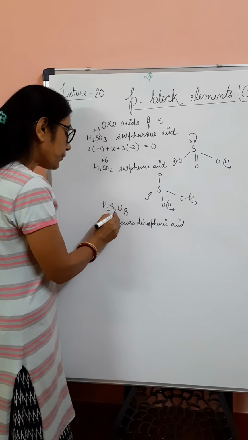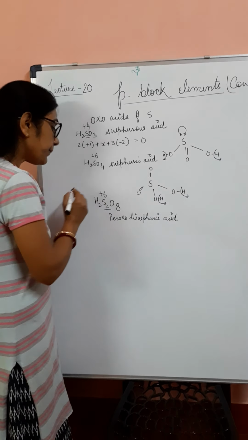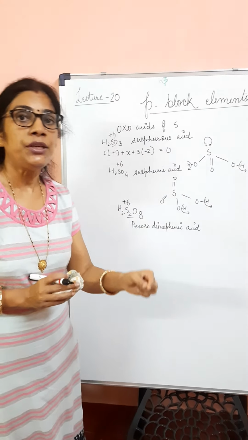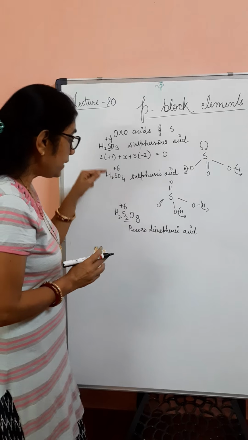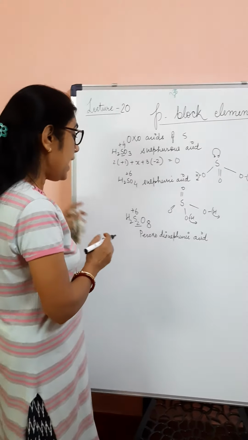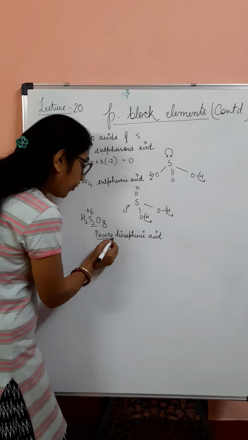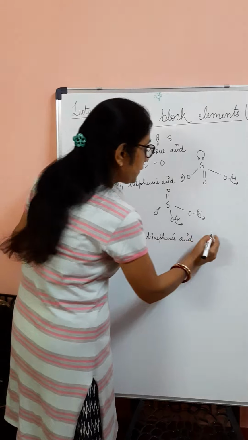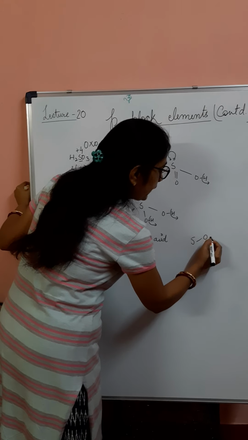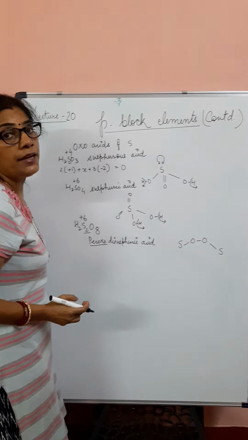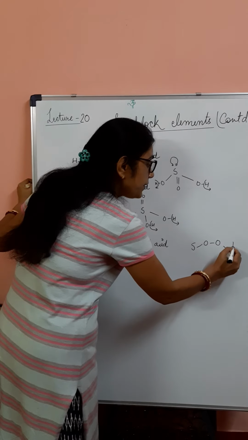But whenever the oxidation number exceeds its valence electron, that means in that particular compound, that atom will be in its highest oxidation state, and as the name itself suggests, peroxo, so there will be a peroxy linkage over here. So let's see, this is called peroxy linkage.